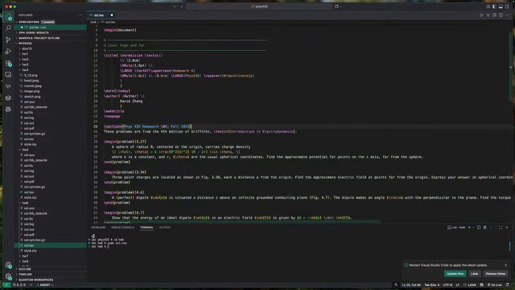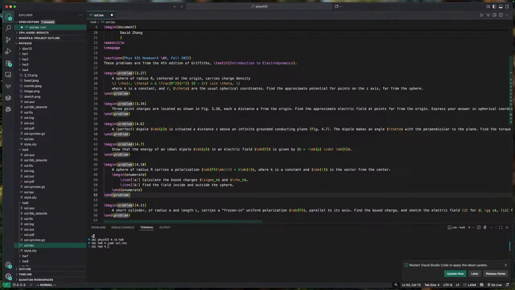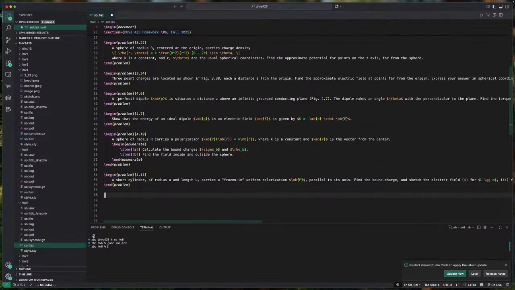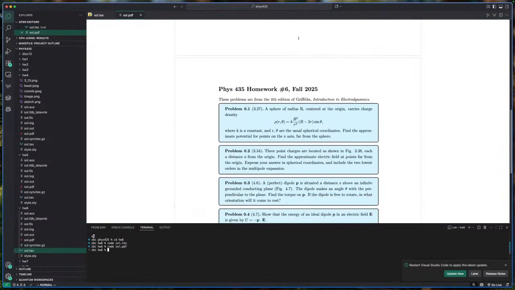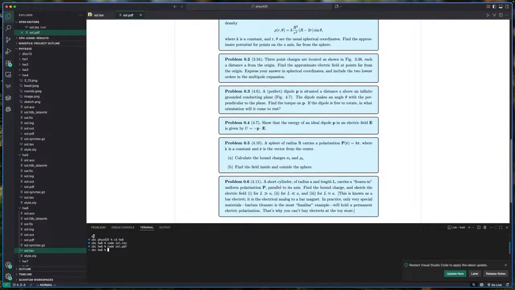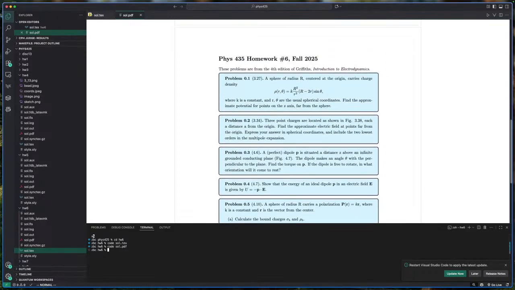Okay, let's accept this. Yeah, I mean, Gemini tends to deliver quite well. Let's also open up the solution PDF. Okay, yeah, this is nice.